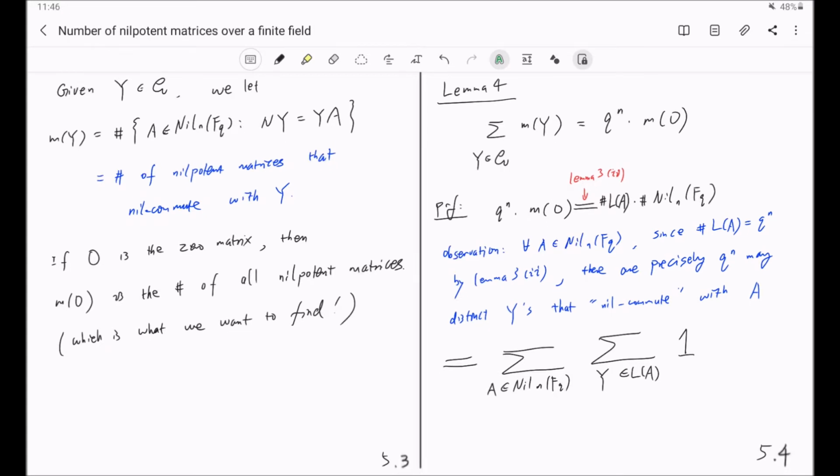So why are we interested to write this as this double sum? It should be like a mathematical instinct for you to see that whenever we have a double sum, we always want to switch the order of summation, which looks like some sort of finite Frobenius theorem.